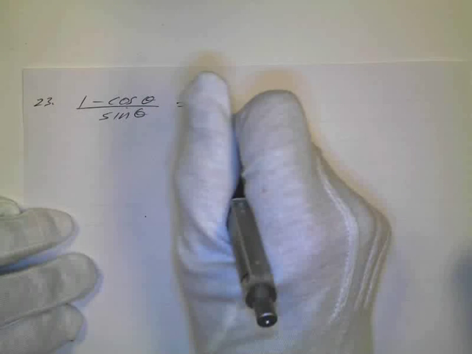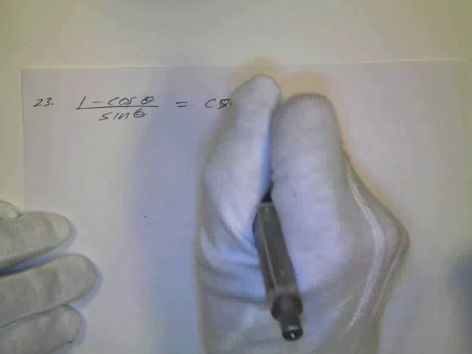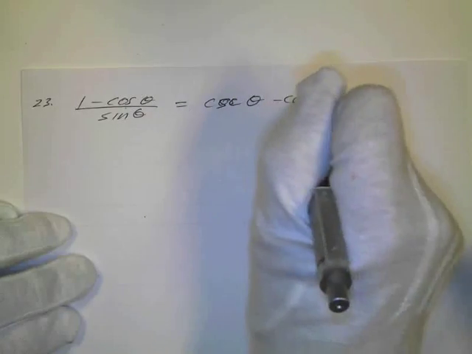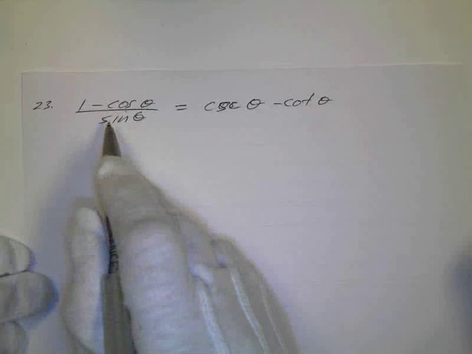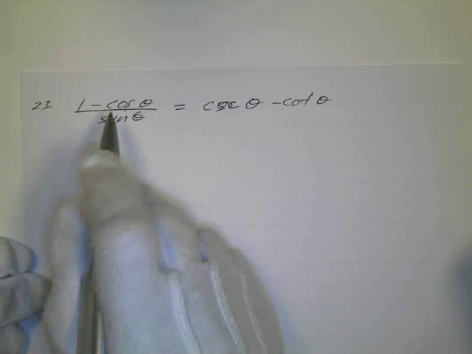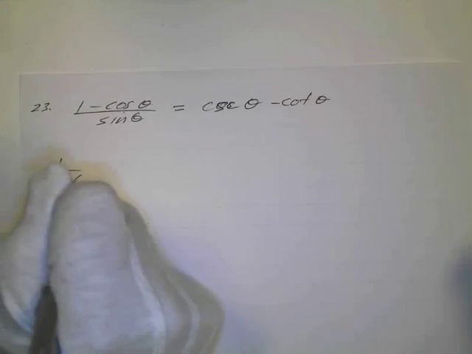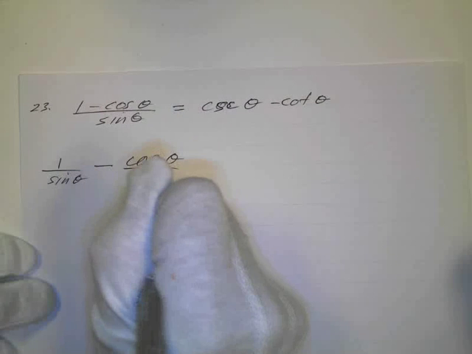This is the cosecant of theta minus the cotangent of theta, a lot of C's here. Alrighty, this has got one term, this has got two terms, so I can break it up and see where that takes me. So this is 1 over the sine of theta minus the cosine of theta over the sine of theta.